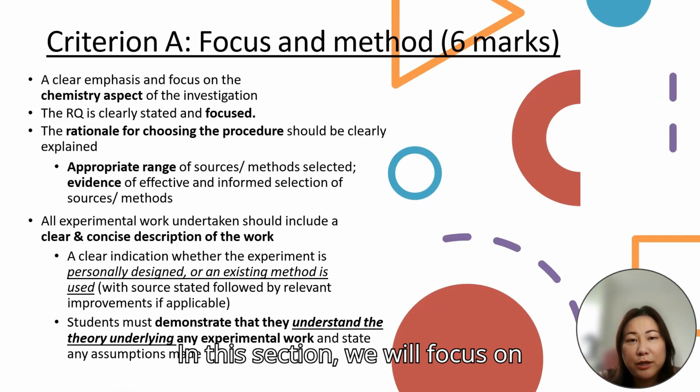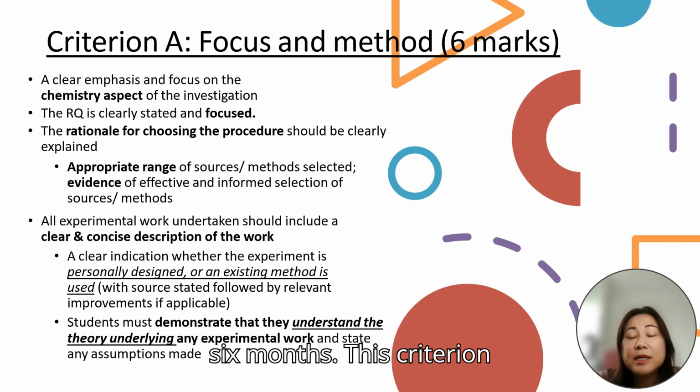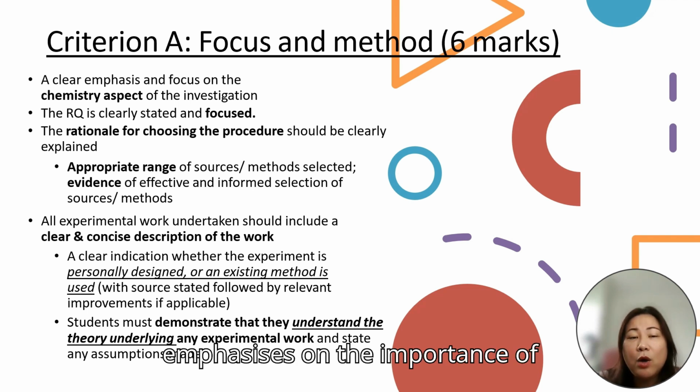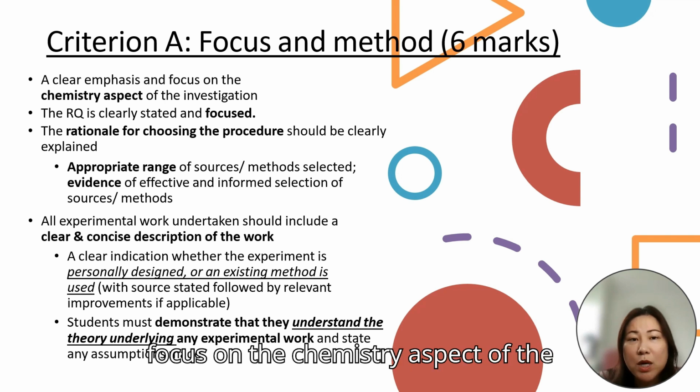In this section, we will focus on criterion A, which is focus and method. This criterion is worth 6 marks. This criterion emphasizes the importance of having a very clear focus on the chemistry aspect of the investigation.